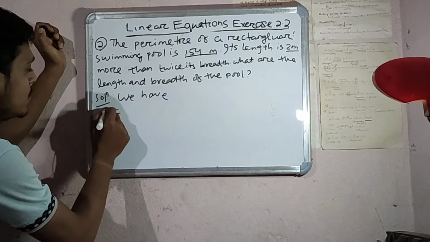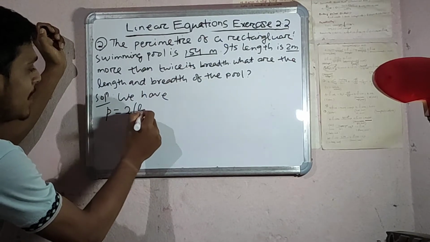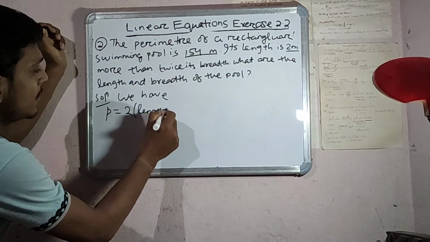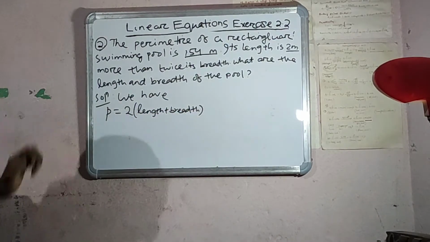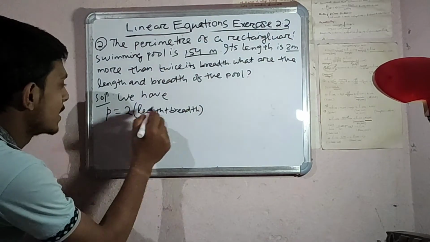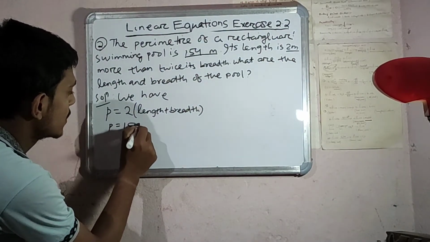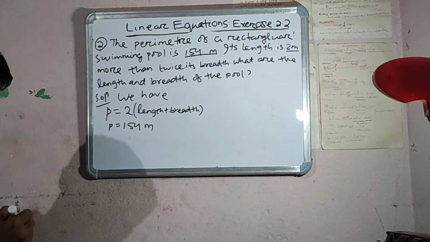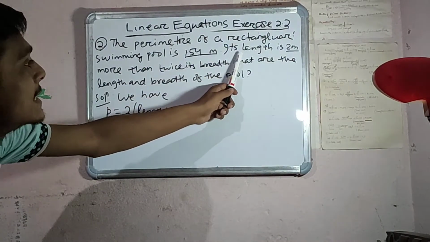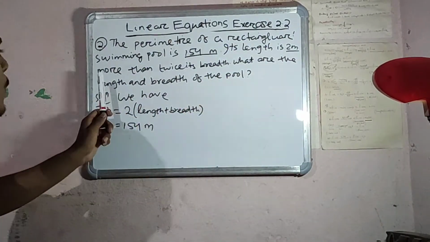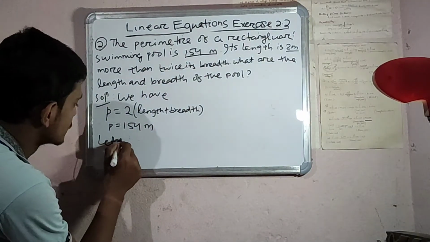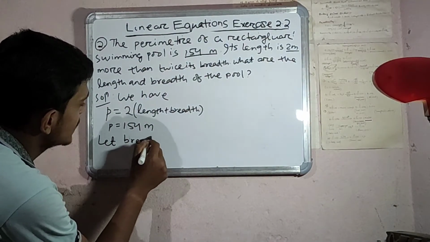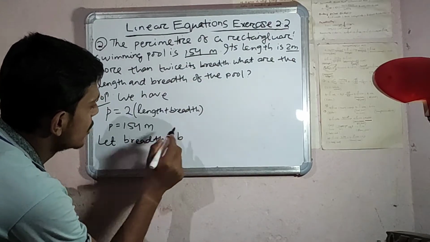So the perimeter formula is equal to 2 multiplied with length plus breadth. Okay. And the perimeter given is 154 meter. But the next sentence is its length is 2 meter more than twice its breadth. Let breadth be b, that's small b.